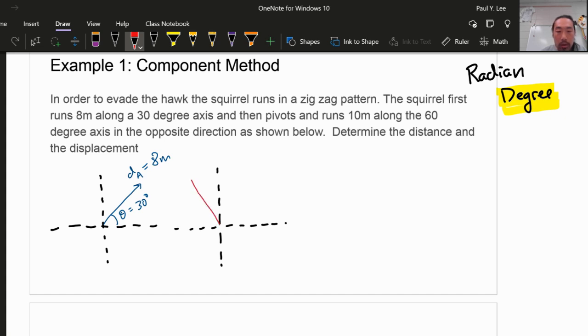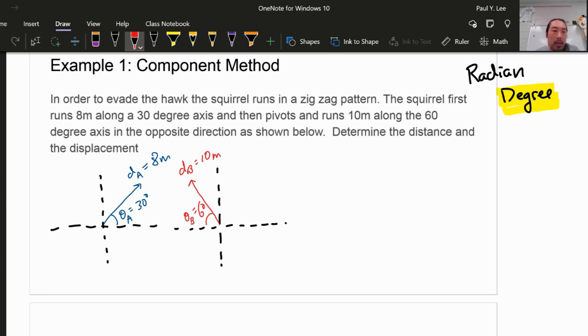So here, this angle, what we call theta B, is 60 degrees. And to make sure we have everything lined up, we're going to call this theta A, and we're going to call this here d_B, which is 10 meters. Okay, so that's the image.